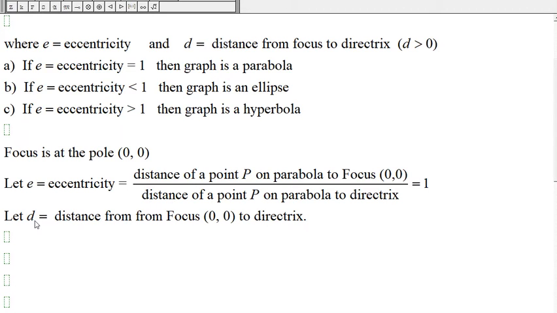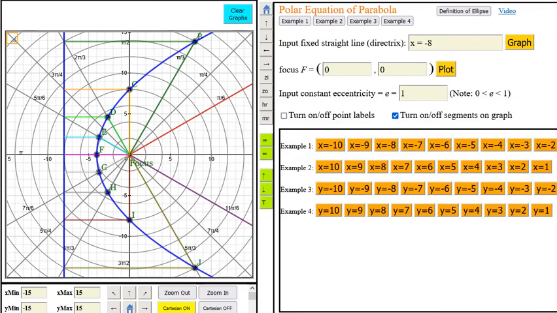And d is the distance from the focus to the directrix. For this particular example, the distance from the focus to the directrix is 8, and therefore d will be 8, and d is always going to be a positive number.